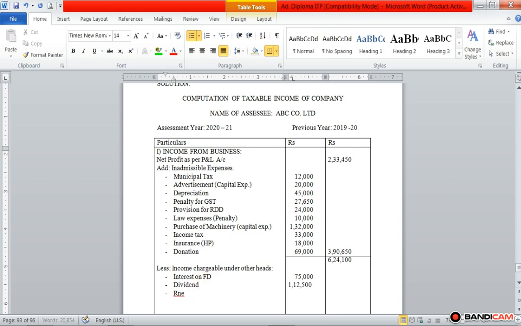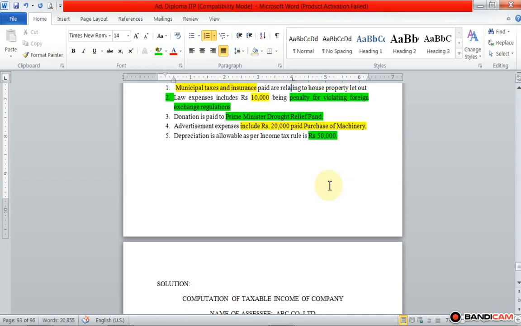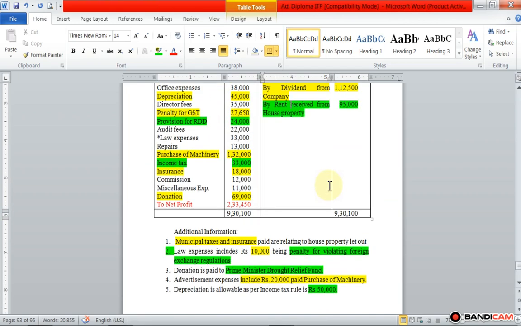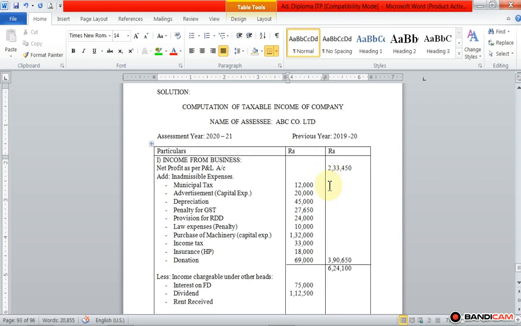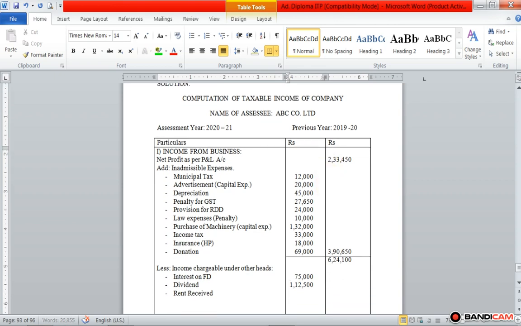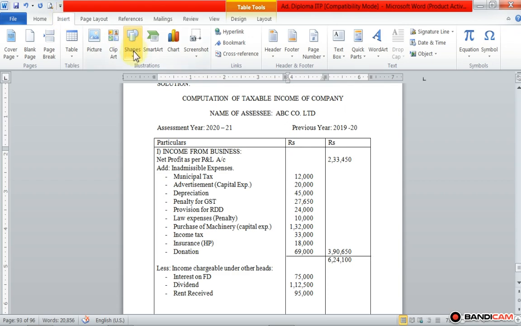Then rent received amounted rupees 95,000. Okay. So we have taken into consideration the income earned from other sources.